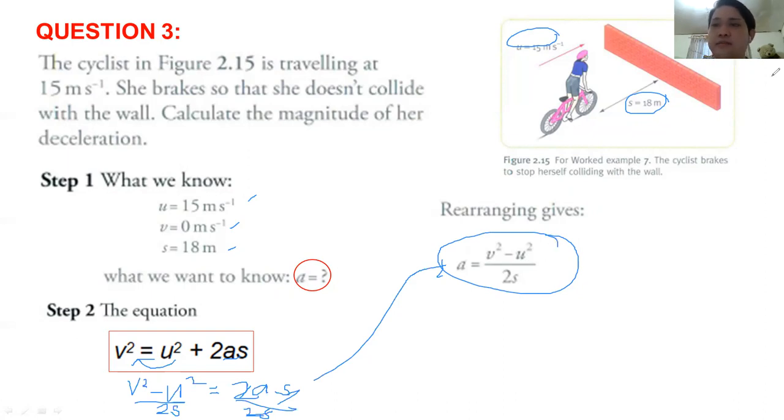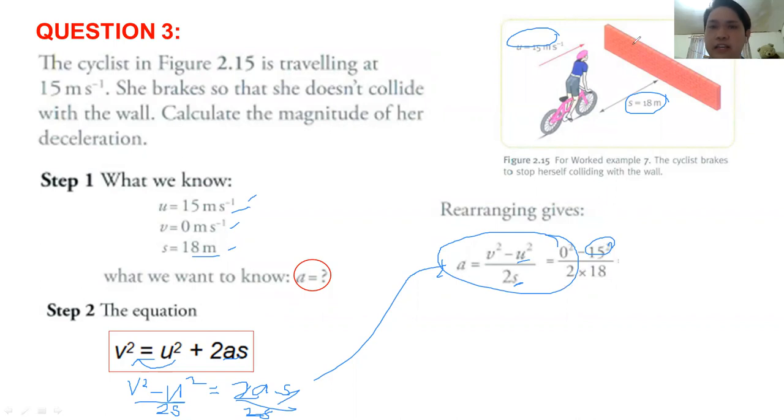Next, of course, we have to substitute. Your V is 0. That's why we have 0 squared. Your U is 15 meter per second, 15 squared rather. So we have your 2 times S, your S is 18 meters.